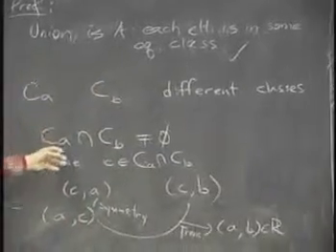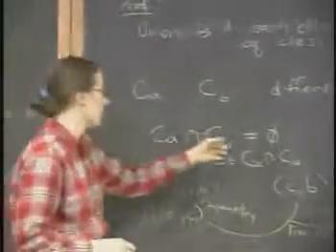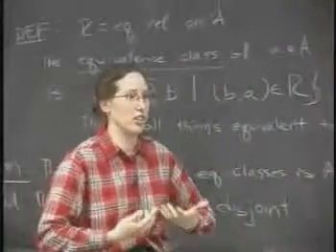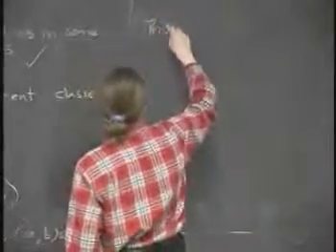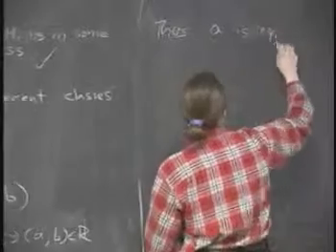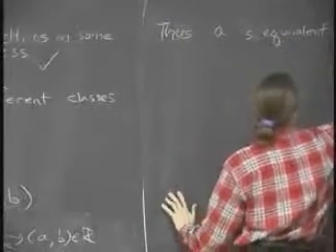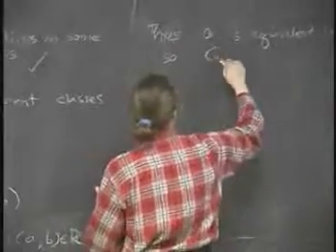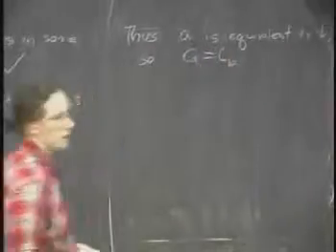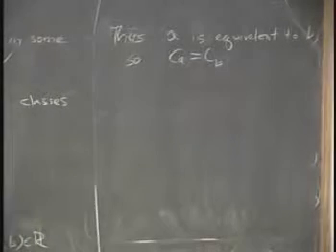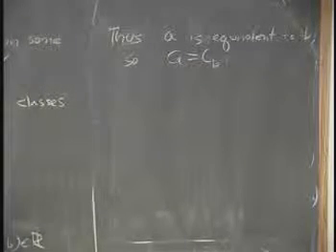But that means that B must be in C sub A and A must be in C sub B, and therefore they're equivalent, and so their equivalence classes are actually the same. We assumed at the beginning that C sub A and C sub B were different, so we've contradicted our assumption.